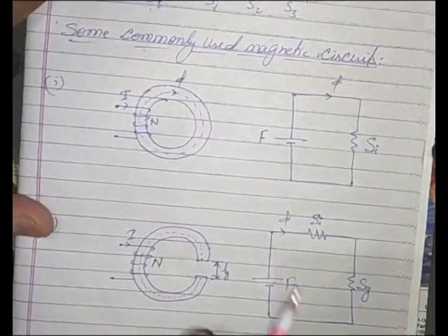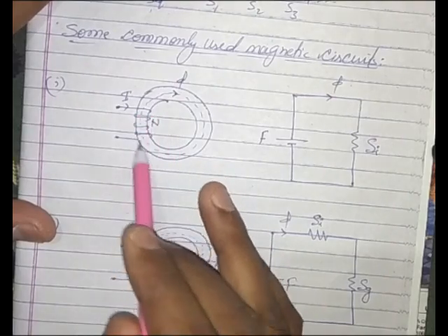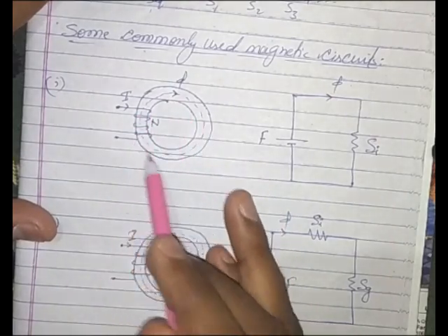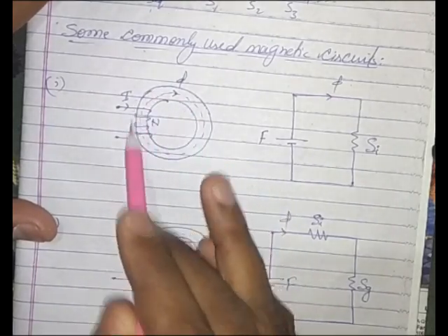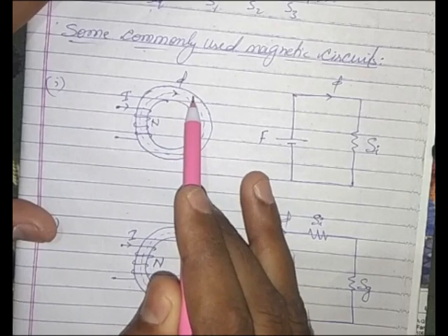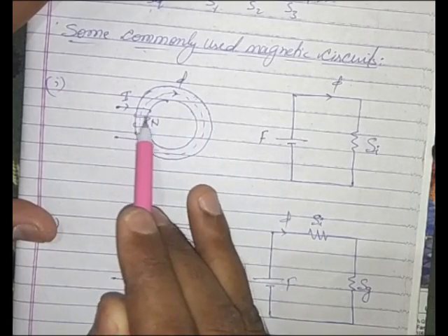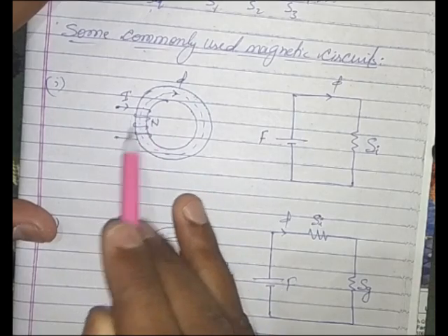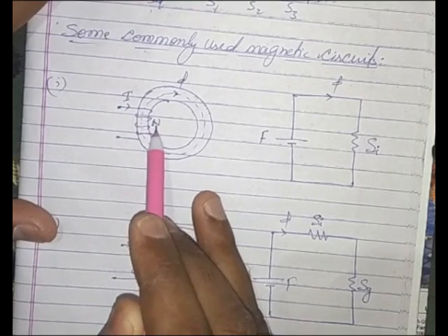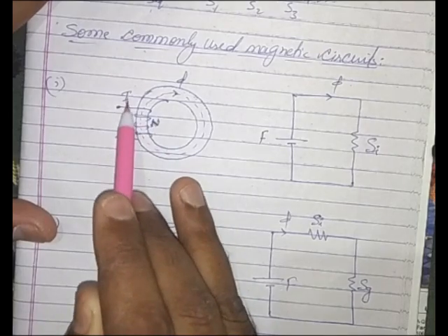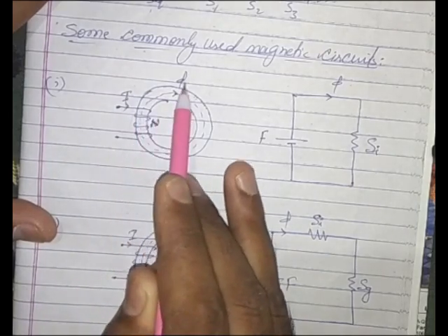You can see very clearly this consists of some magnetic material. This is a ring which consists of some magnetic material. This magnetic material has some reluctance and we have wound some wire over the material which consists of number of turns N. If current I is flowing through this wire, it produces a flux phi.